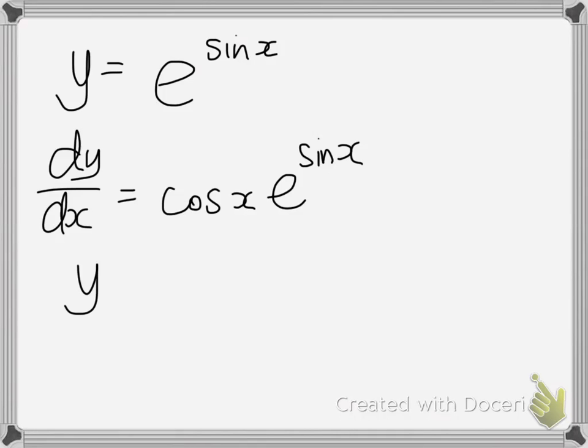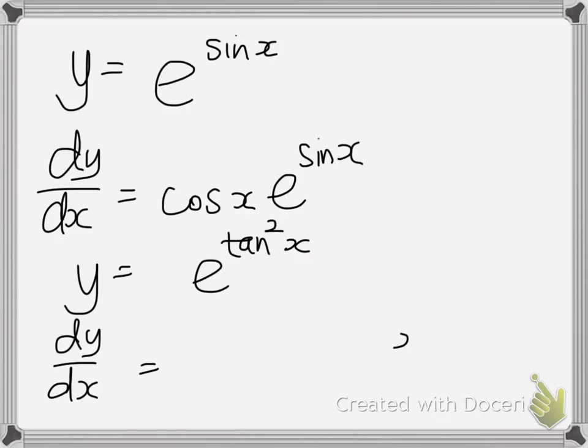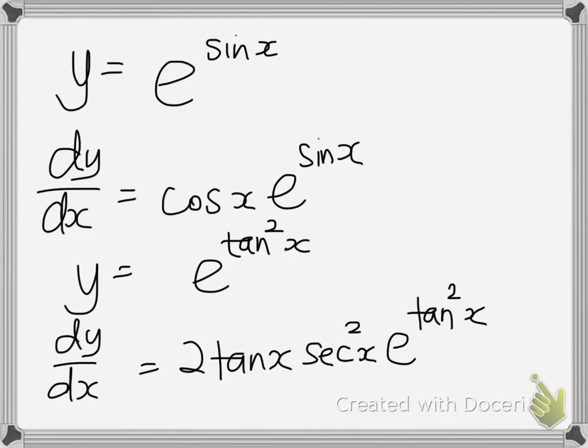So if y equals e to the power tangent x, or if you like, how about tangent squared x? It would be dy dx. First of all, e to the power of tangent squared x. After that, you differentiate tangent squared, it's 2 tangent x. After that, you differentiate tangent, you get secant squared x.